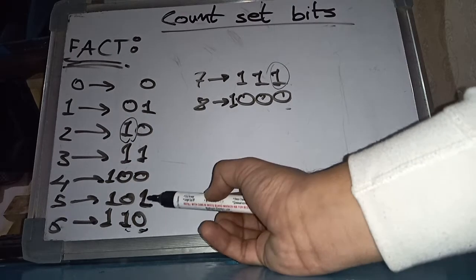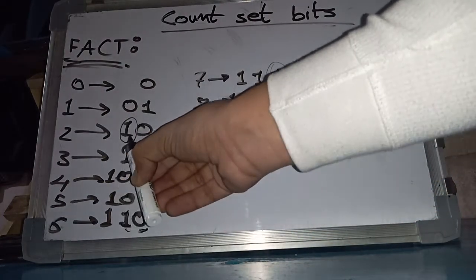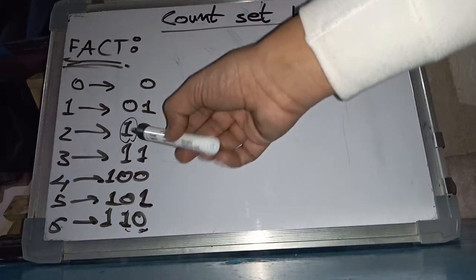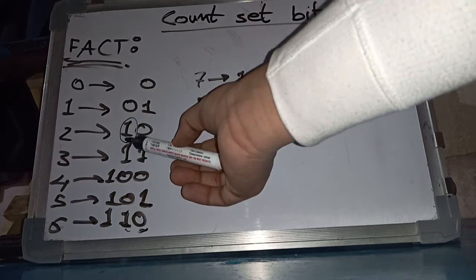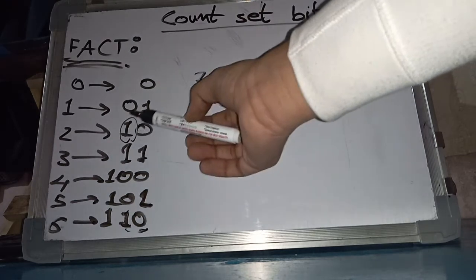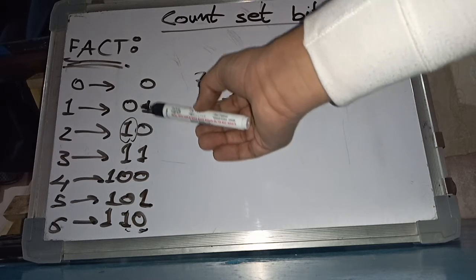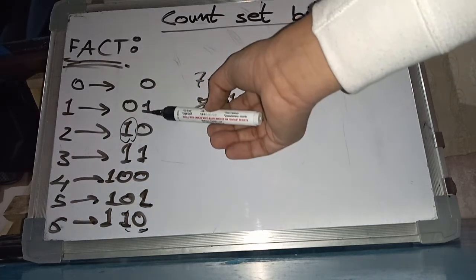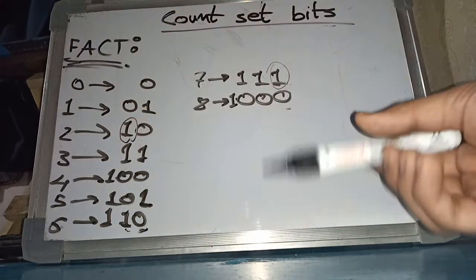If you go from the rightmost bit to the rightmost set bit and complement or invert those bits, then you will get n minus 1 of that number, right?